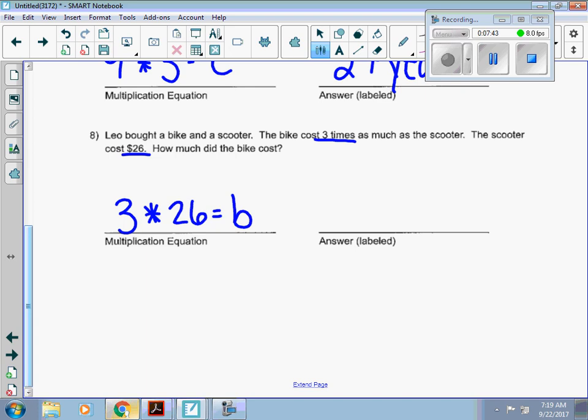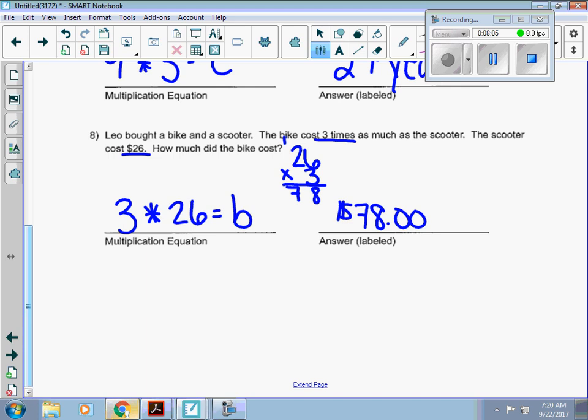And we need to do our work somehow. I'm going to do it up here in the traditional way, and then I'll show that break apart way. 3 times 6 is 18. 3 times 2 is 6, plus 1 is 7. So I get that the bike costs $78.